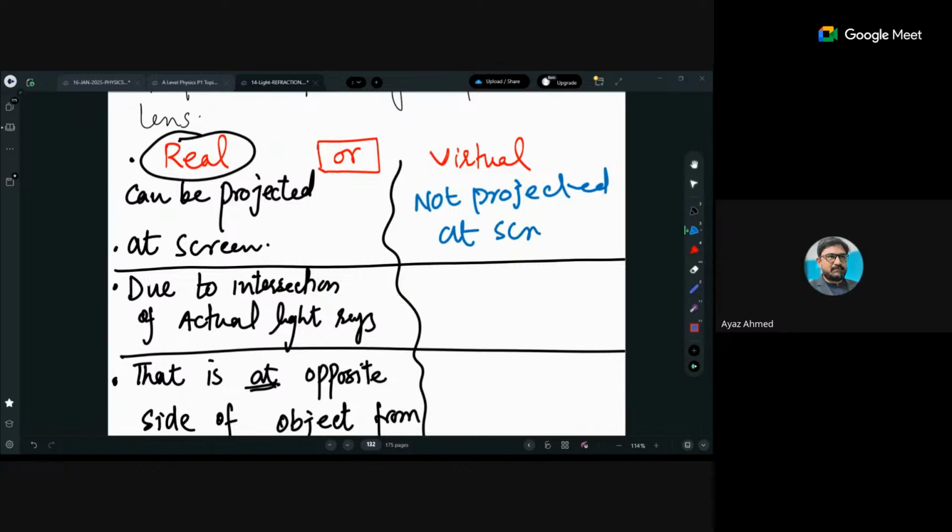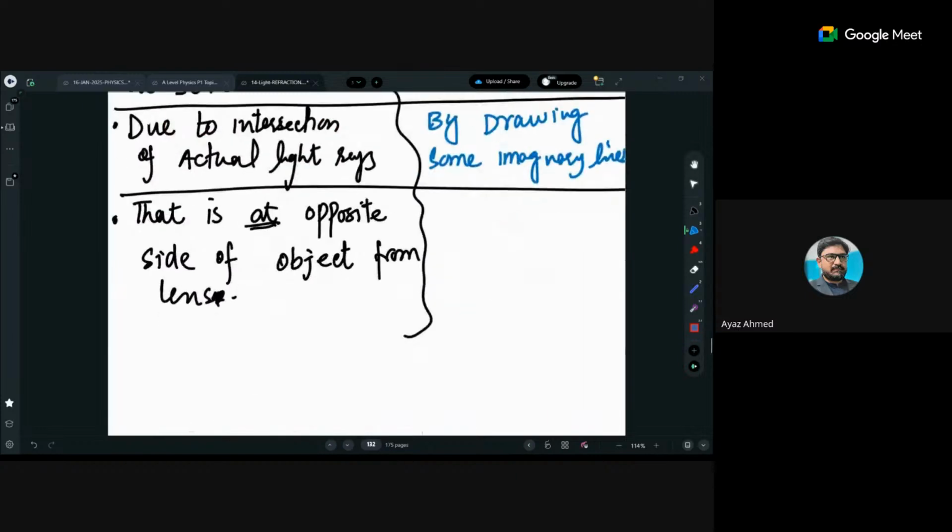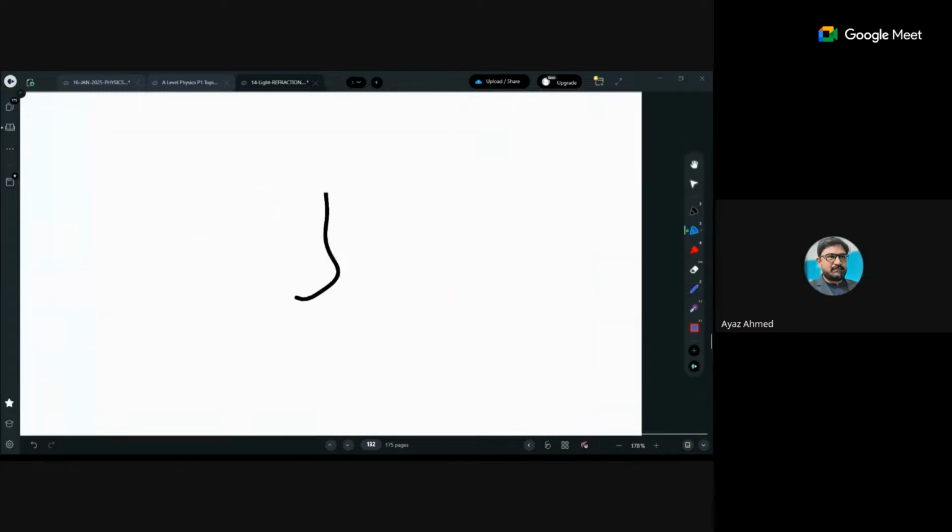One thing, you are asked to write all these. Secondly, it is formed by drawing some imaginary lines. You are going to draw some lines. I will show you how that is drawn. That is found by the drawing of some imaginary lines.